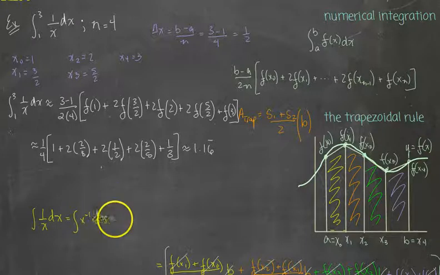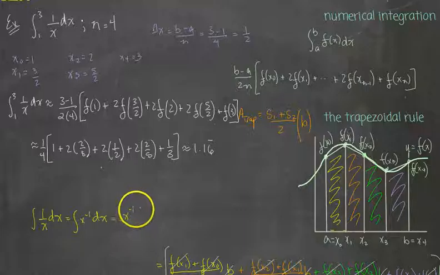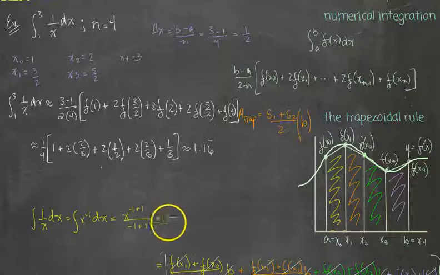And if I use my rule, that would say I have x to the minus 1 plus 1 over minus 1 plus 1, which leads to 1 over 0. And that obviously isn't the answer we're looking for, or a valuable integral.